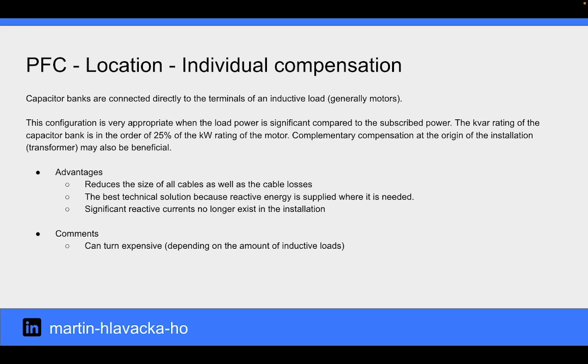Its advantages are that it reduces the size of all cables as well as their losses. It is the best technical solution because reactive energy is supplied where it is needed and there are no longer significant reactive currents in the installation. However, this type can be expensive depending on the number of inductive loads.